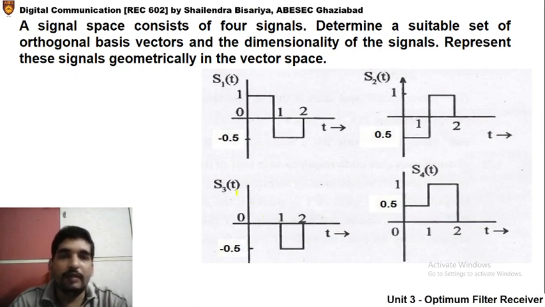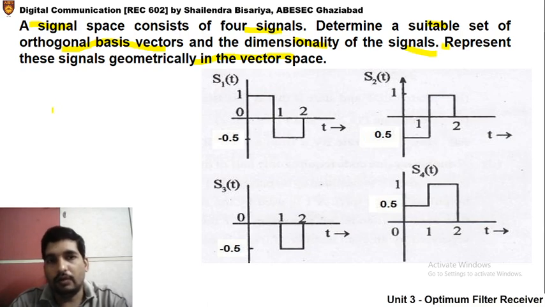Now the remaining part was signal space analysis, so let us take one example to understand it. The question is: a signal space consists of four signals. Determine a suitable set of orthogonal basis vectors and the dimensionality of the signals. Represent these signals geometrically in the vector space.